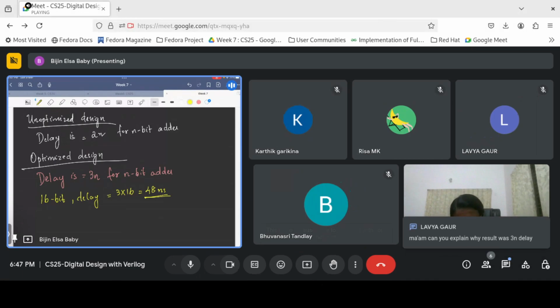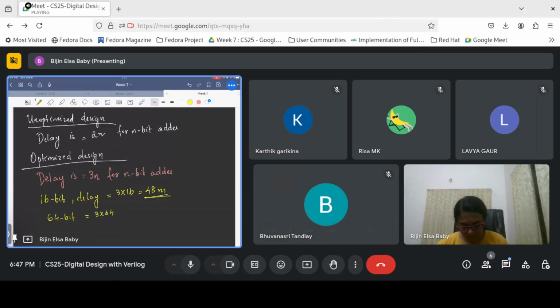If it is a 64-bit adder, then it will be 3 into 64, and it will become 192 nanoseconds.